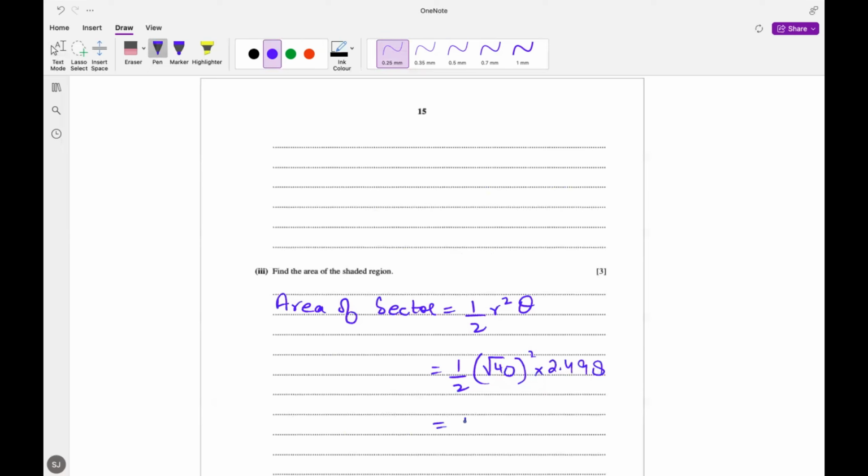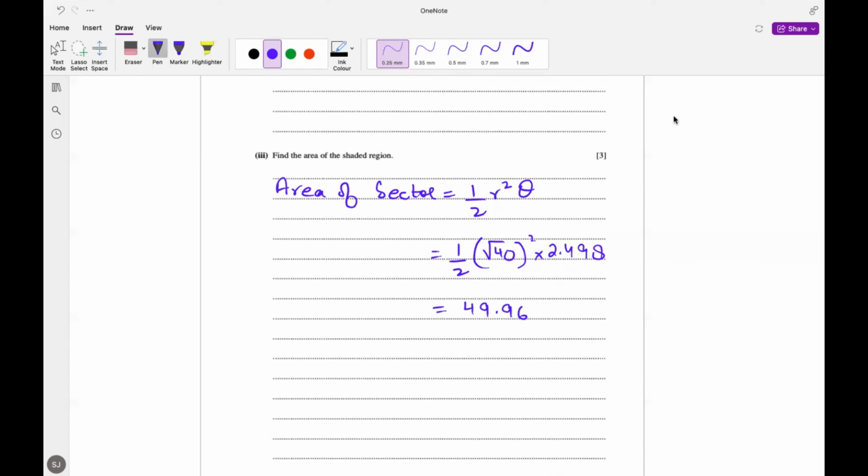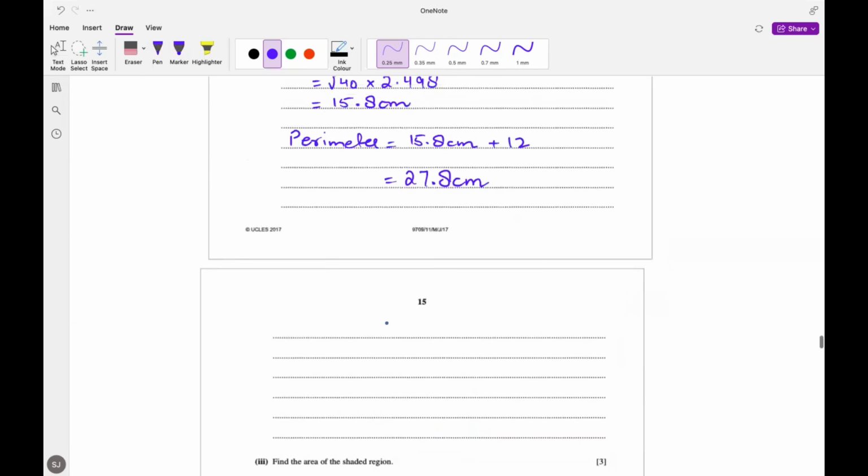This answer will be 49.96 centimeters squared.